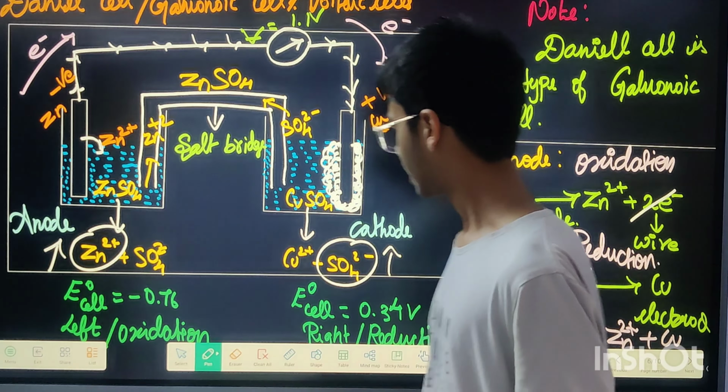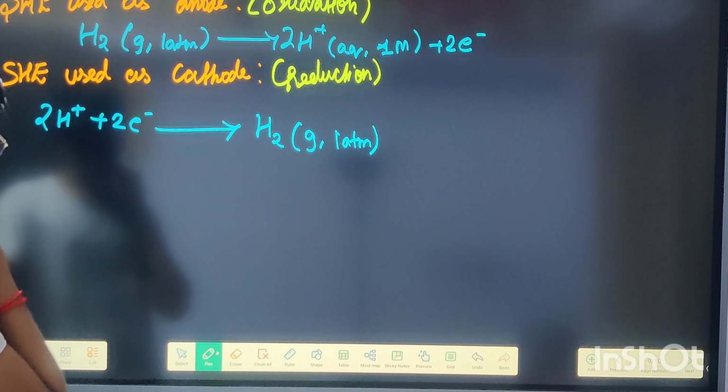In cathode, reduction: 2H plus plus 2e minus will become H2 gas at 1 atm.